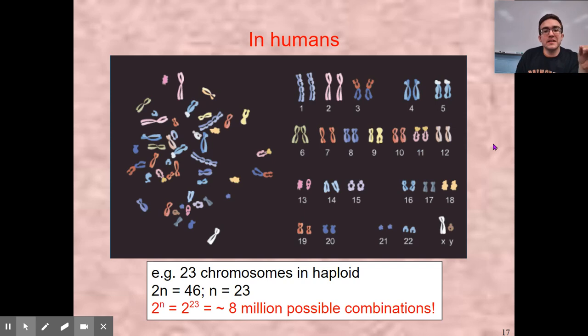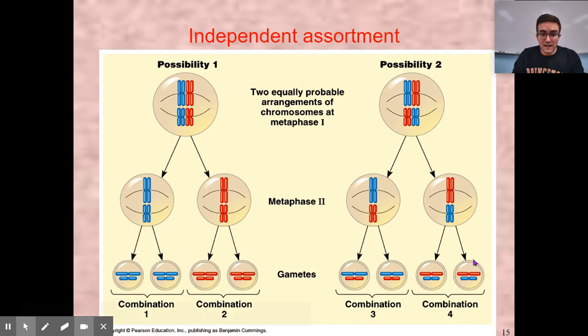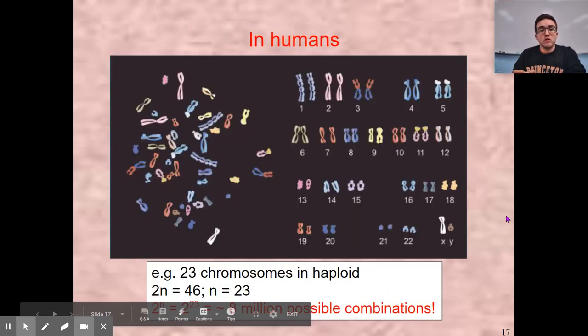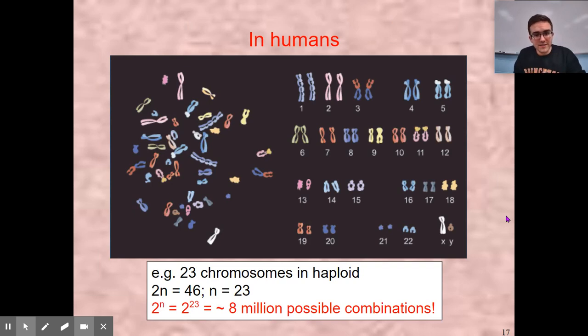That's just counting the splitting of the homologous pairs, this process happening with each of the 23 chromosomes. That's not including crossing over, which can occur and change genes and increases your possible combinations. But just from the possibility of chromosomes, there are 8 million different combinations that can arise.